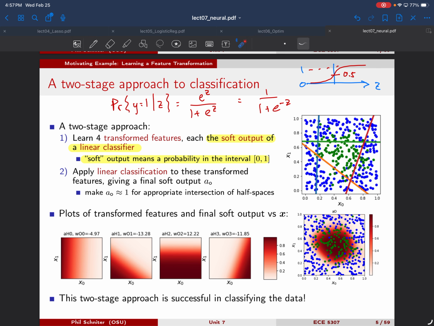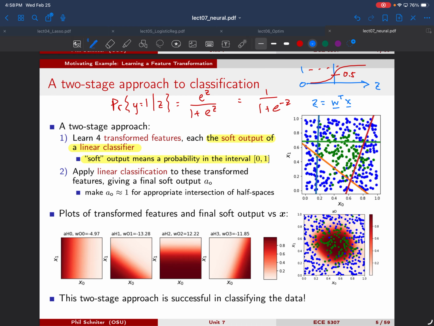Z, if you remember, is our linear output. Z is our weights, w transpose, our input. Okay, so is this ringing bells?